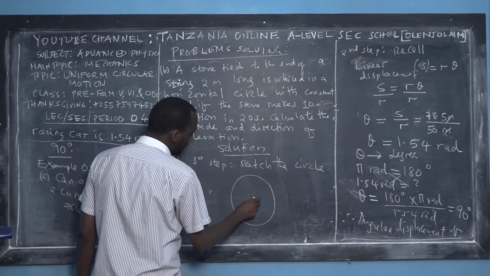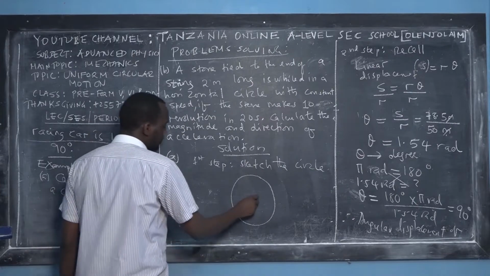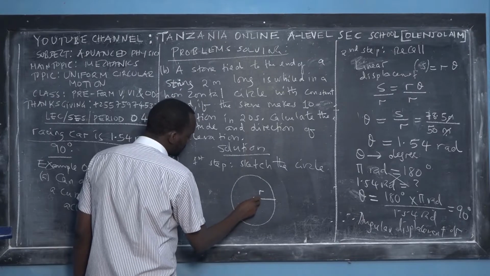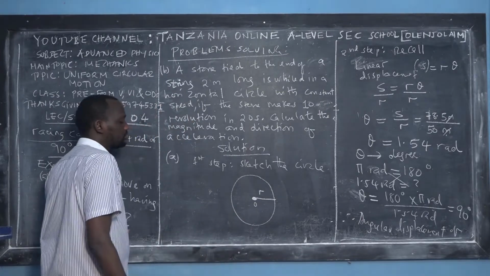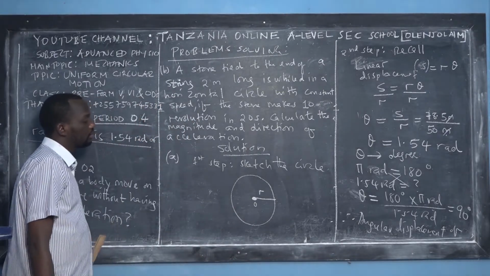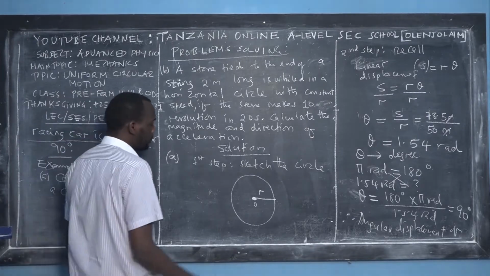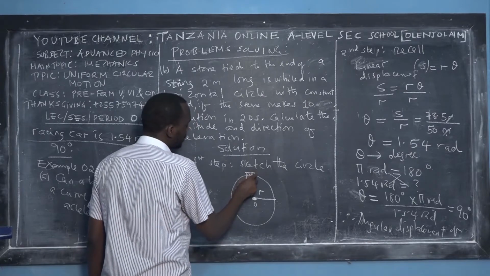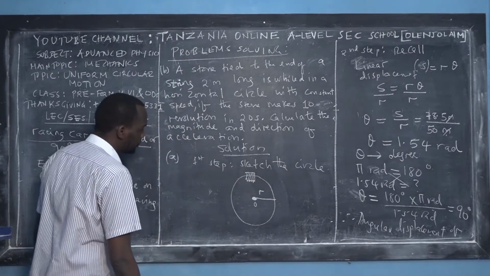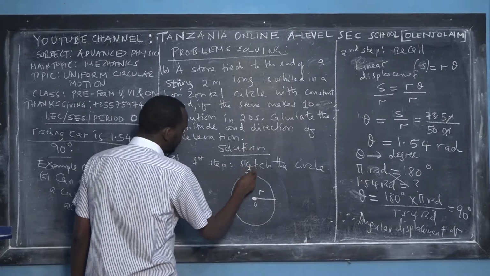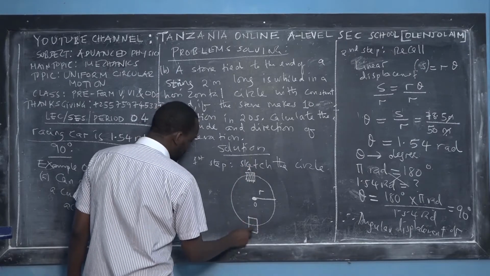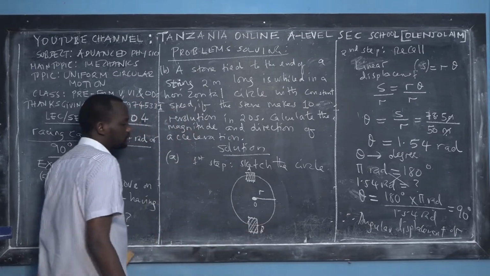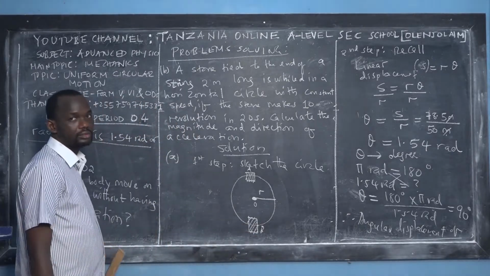So this is the center, and this is the radius, from here to here. Suppose a body is at this point, point A, and this is point B. Does it possess acceleration at this point or not? That's the question at hand.